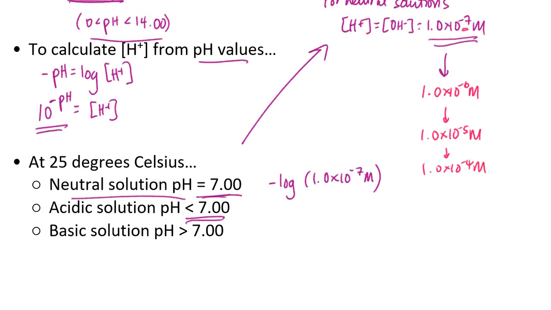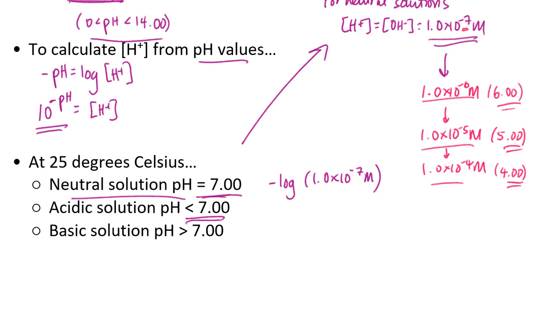And so as I take the negative log of these concentrations, that would give me pHs of 6 and 5 and 4 respectively. And so as a solution gets more acidic, its pH value should decrease because of that inverse log relationship.